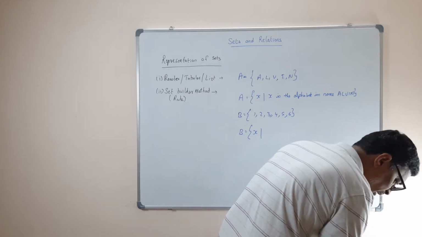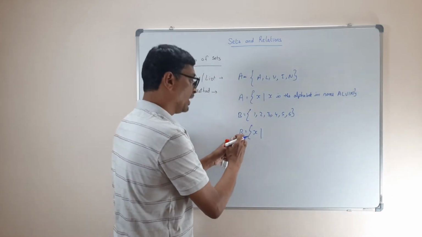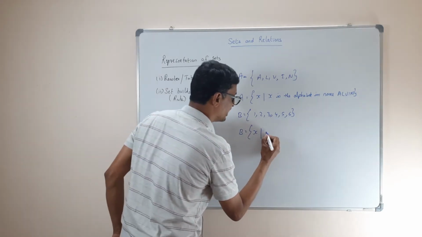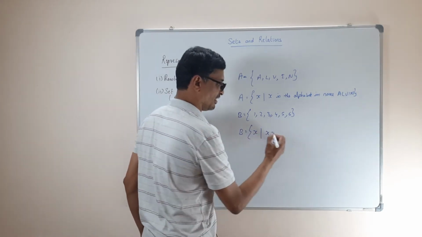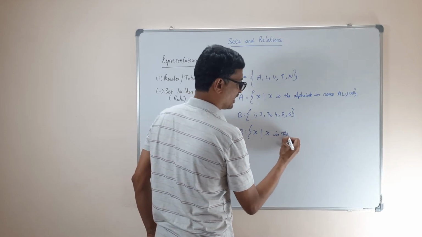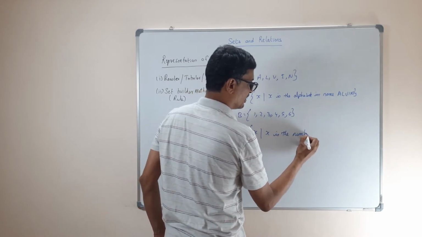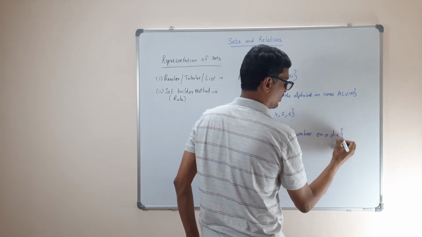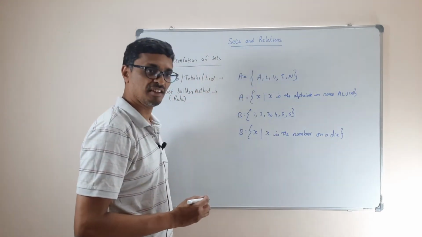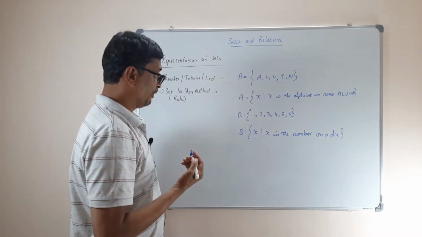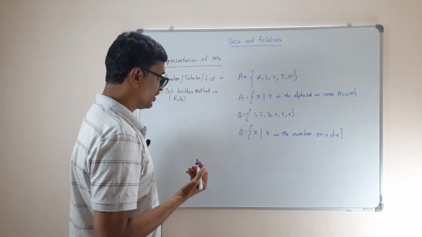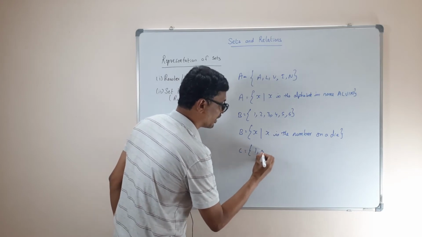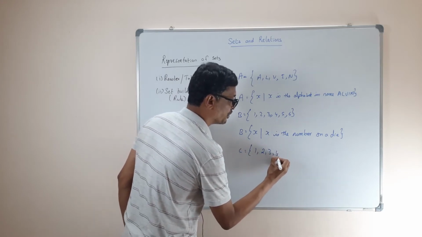B is a set of X such that X is the numbers on a die. Another one we did, right? C. What was that? 1, 2, 3, 4.